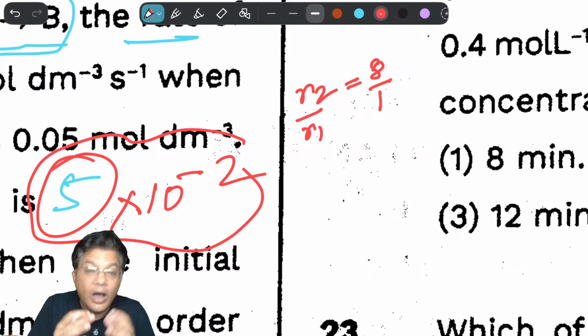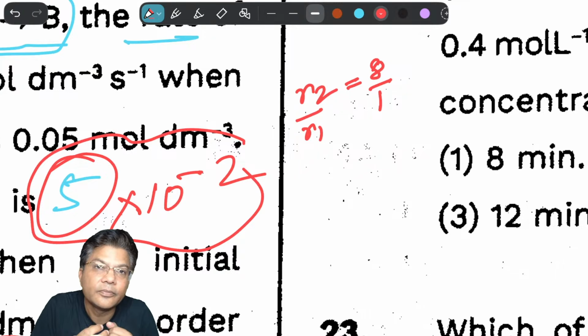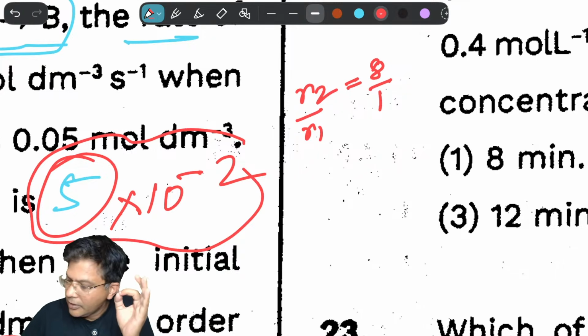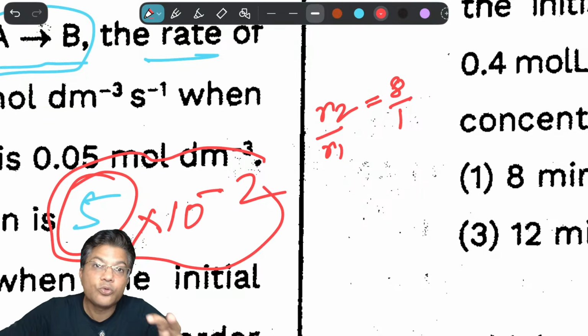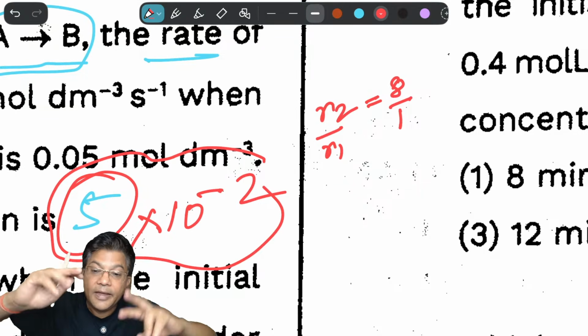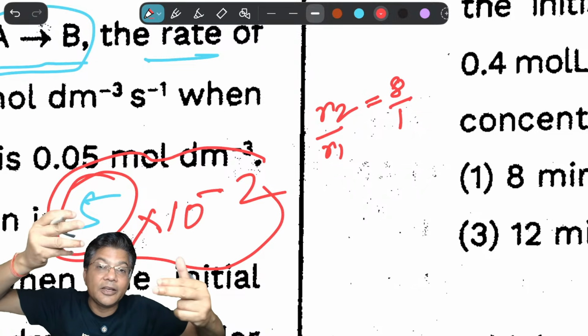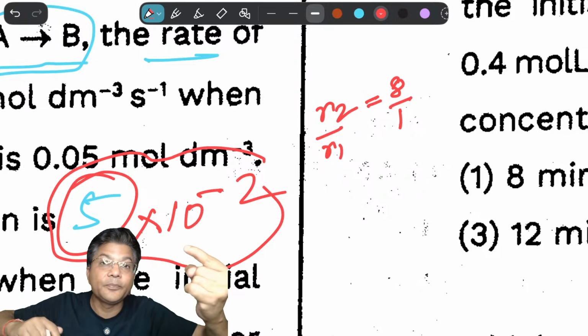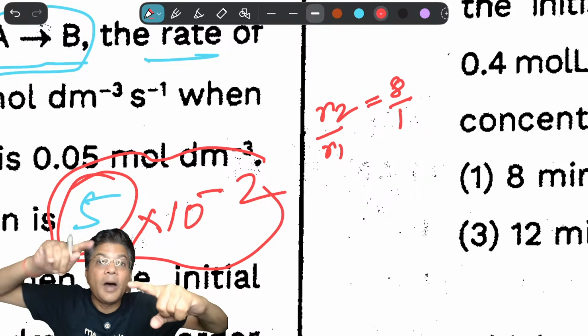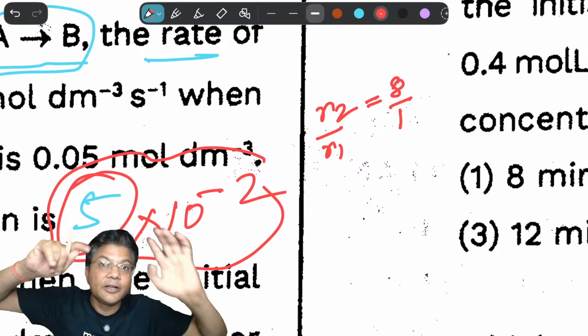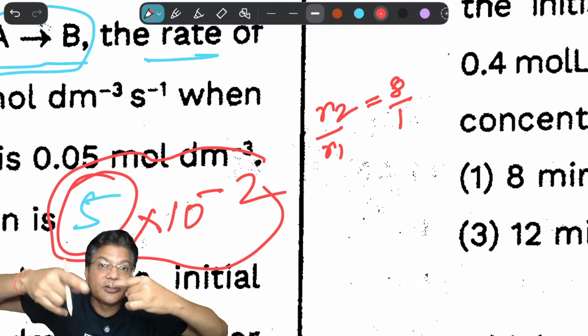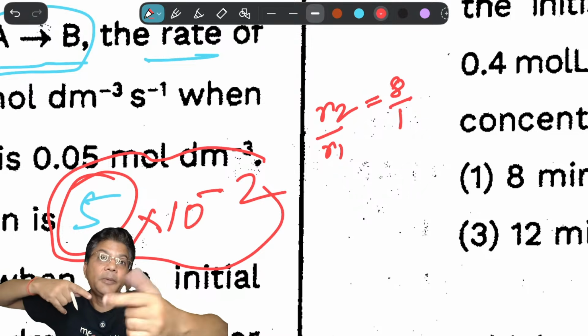Mantasha, welcome. How to get the answer? Now see, kids, how to get the power. It is getting increased 8 times. If I keep the power 1, then it is directly proportional. If I increase the concentration twice, the rate will become twice.